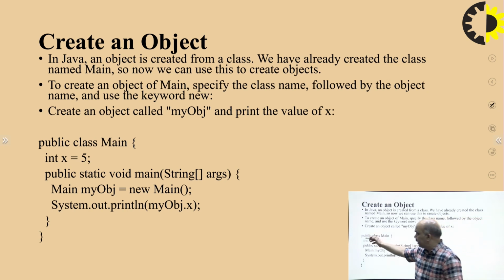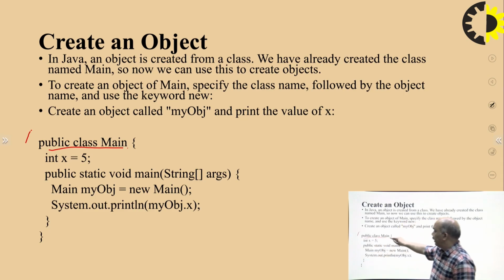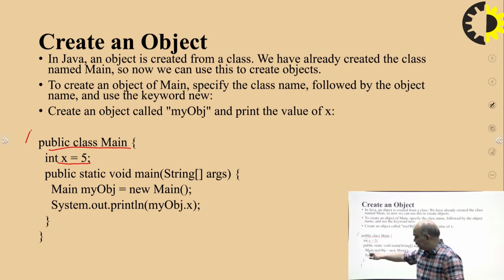In this example, we create a class. Here Main is there, and we have an integer type x value equal to 5. Now we define the main object for that instance that has to be created: Main myObj equals new Main.